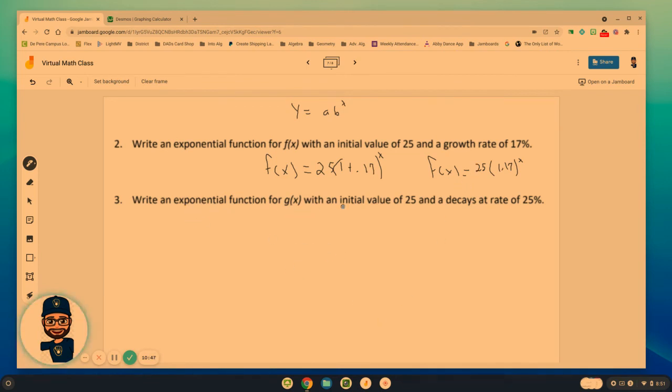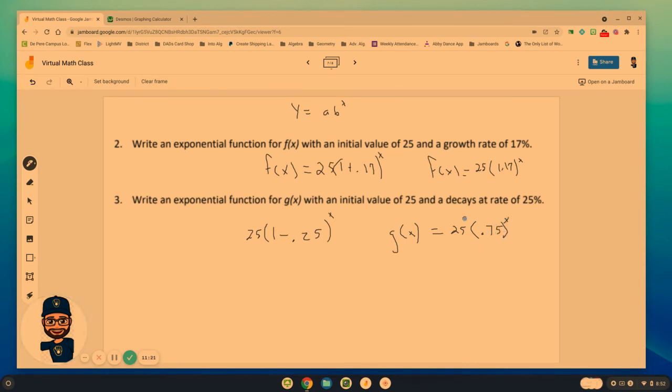An exponential function g of x has an initial value of 25 and it decays at a rate of 25%. So if it's decaying, we have to take that away from 1. So 0.25 taken away from the 1. So we can say g of x is 25 times 0.75 to the power of x.